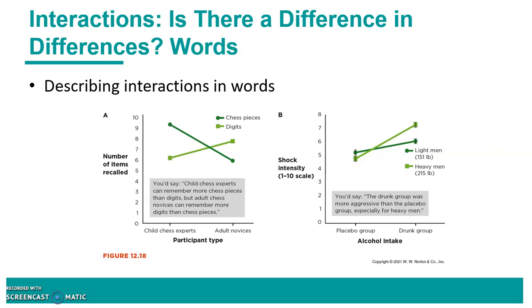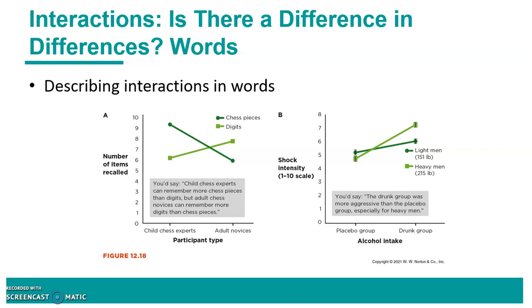How you describe this in words. So here's child chess experts versus adult novices, a number of items recalled in a memory test. But those items are either digits or chess pieces. You could say, child chess experts can remember more chess pieces than digits, but adult chess novices can remember more digits than chess pieces.